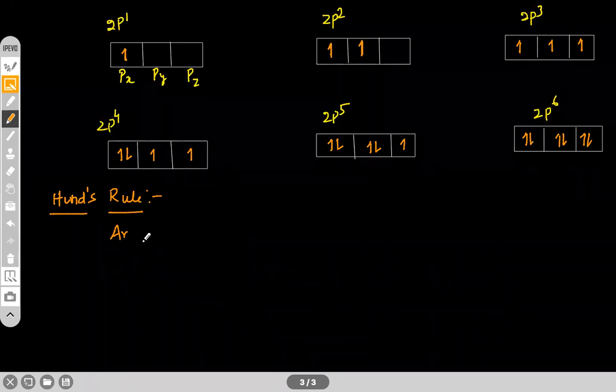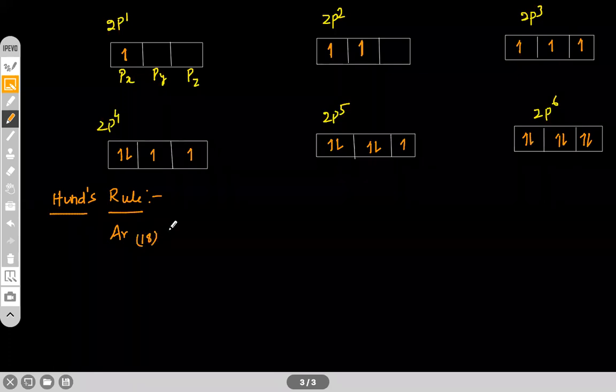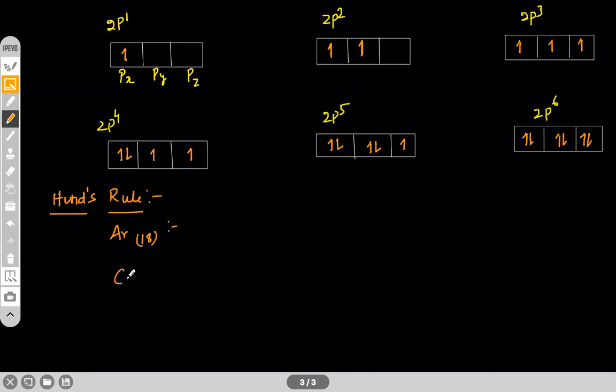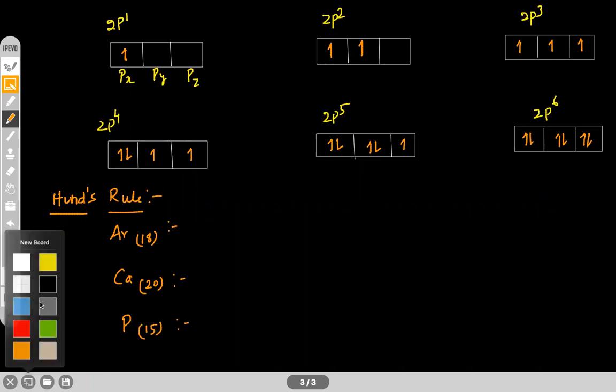Argon has 18 electrons. Calcium has 20 electrons. Then we have phosphorus, 15 electrons. Some more we'll discuss. We can have iron, 26 electrons. Then we can have chromium, 24 electrons.